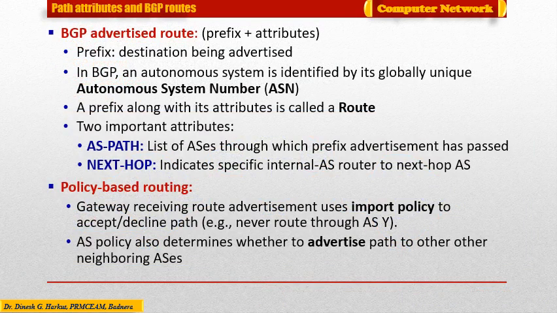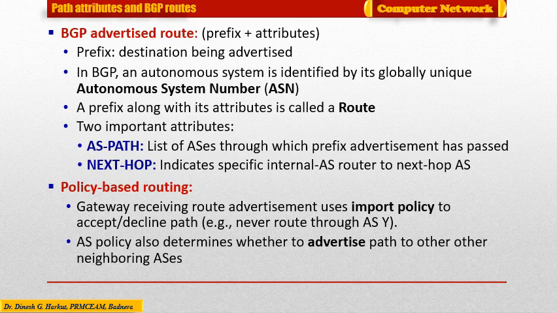Having now a preliminary understanding of the working of BGP, let us get a little deeper into it. In BGP, an autonomous system is identified by its globally unique autonomous system number, that is ASN. When a router advertises a prefix across a BGP session, whether it is iBGP or eBGP, it includes with the prefix a number of BGP attributes.